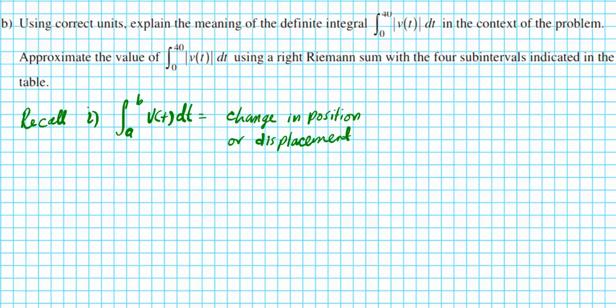This is known as a vector quantity. It has both magnitude and direction.